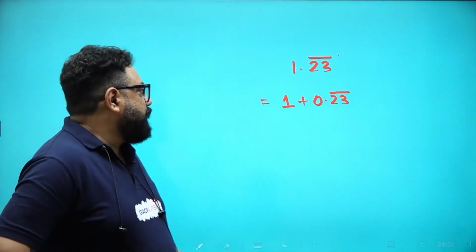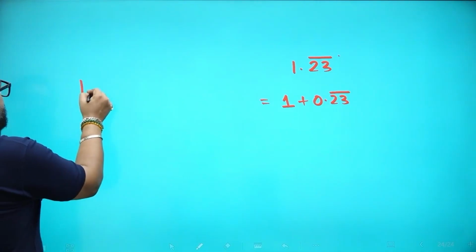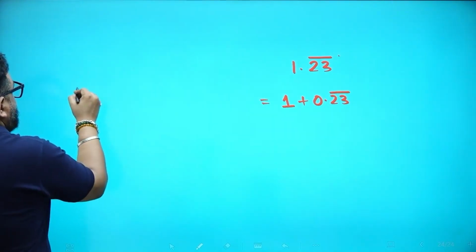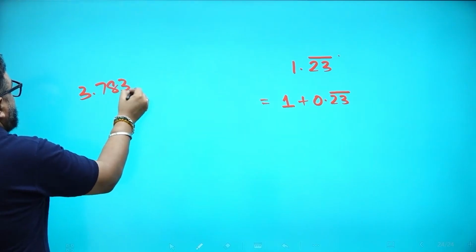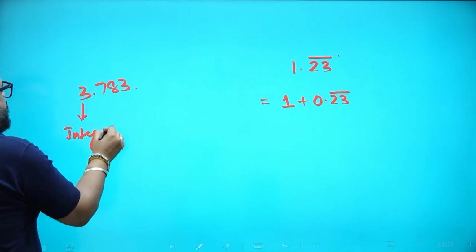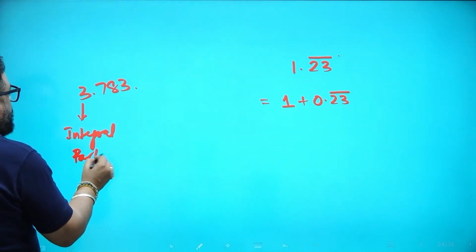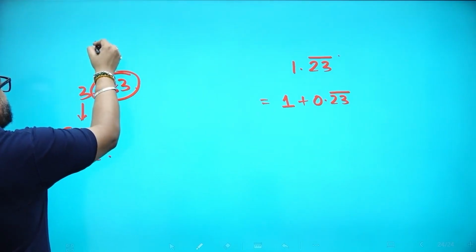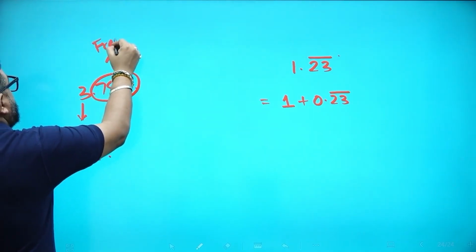So remember, whenever you write a number like this, 1.783, or maybe I'll give you 3.783, this is called the integral part of the number, and this 0.783 is called the fractional part of the number.